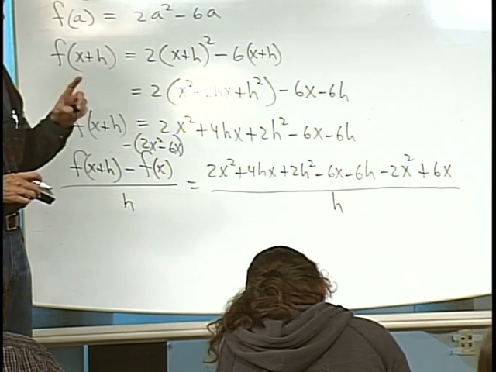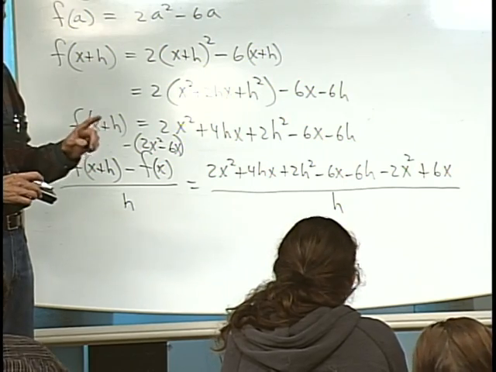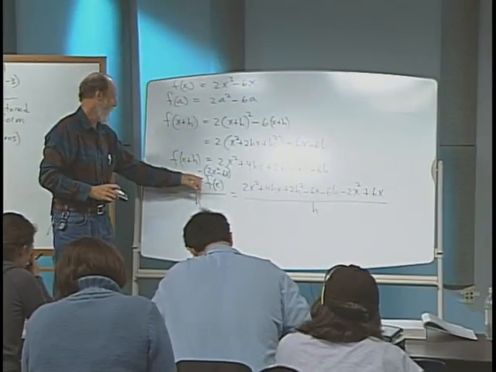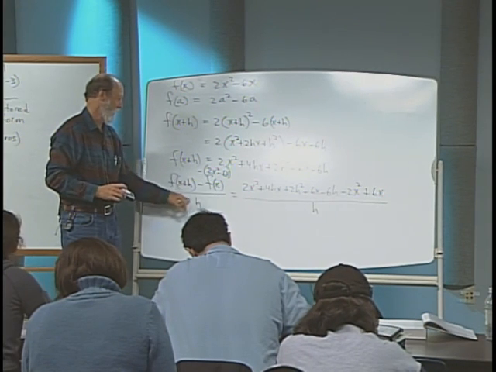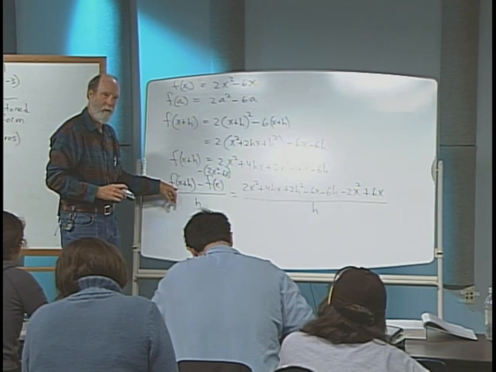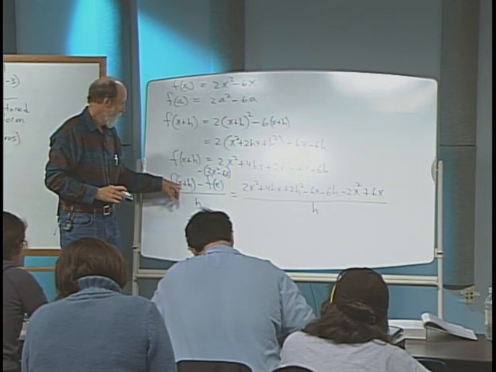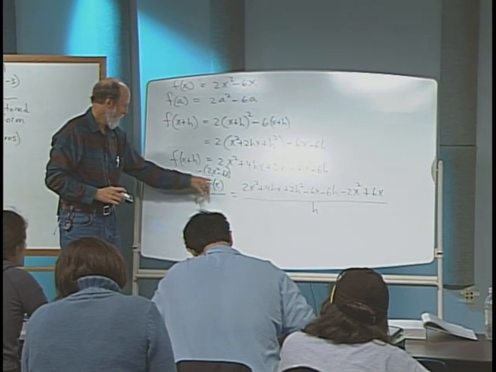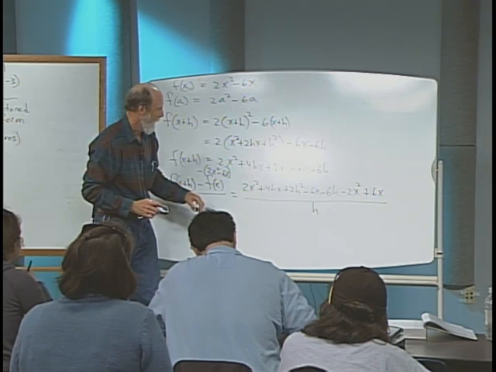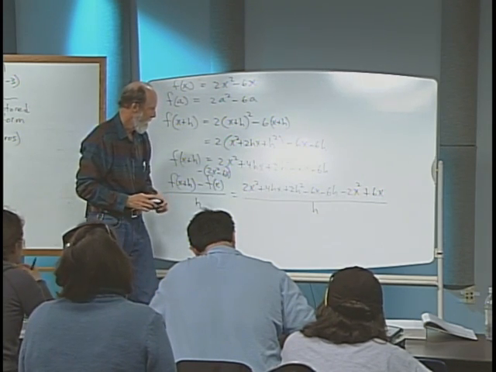If we did our algebra correctly, no matter what function you pick to create this kind of fraction, this is a special kind of fraction. I'm going to talk about it at the beginning of the next class session. It's a very special thing. If you do your algebra correctly with this mess, you're going to notice something happens in the numerator. 2x squared goes away.